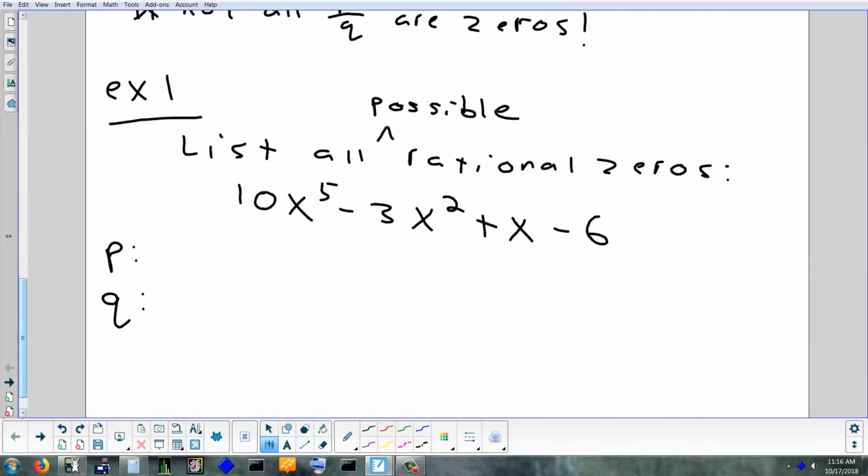Can someone tell me all the numbers that divide into 6? 1, 2, 3, 6. That's half of them. There's 4 more. -1, -2, -3, -6. So positive or negative 1, 2, 3, 6. So there's 8 numbers that divide into our constant.